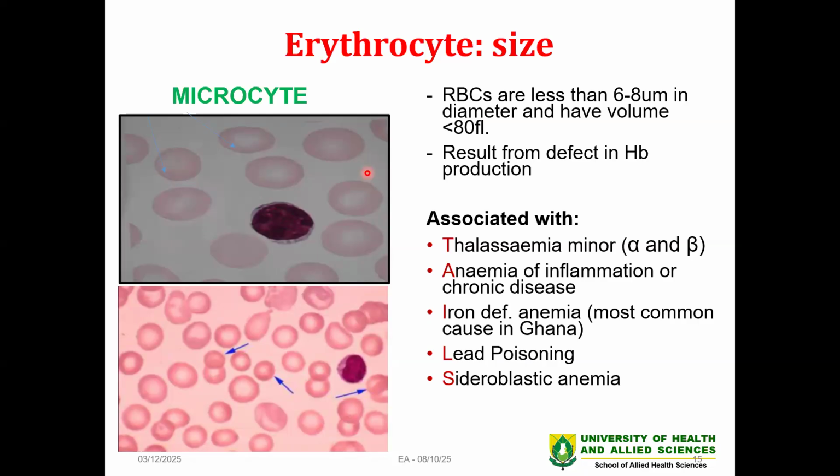And so lead poisoning can also inhibit hemoglobin formation. And then you also have sideroblastic anemia. Sideroblastic anemia is the other differential diagnosis that would lead you to produce microcytes.